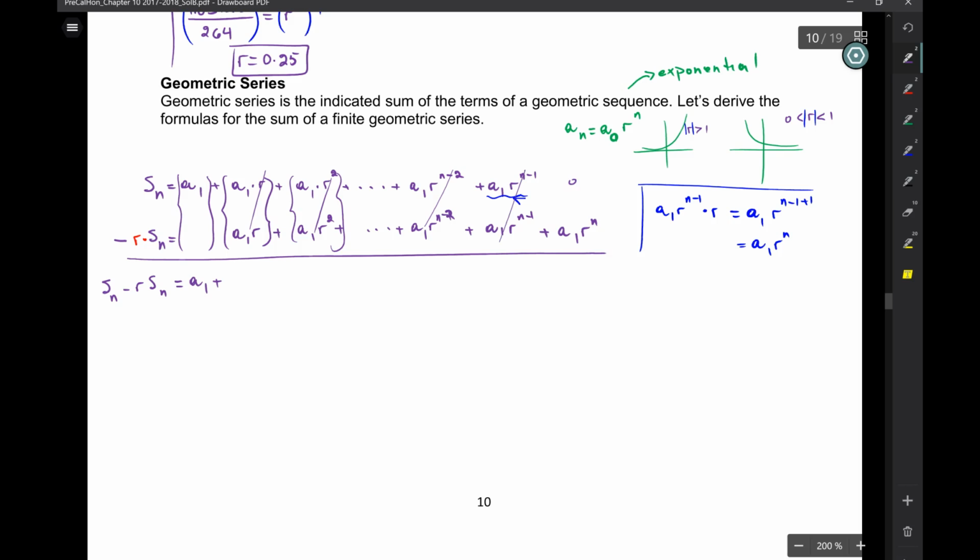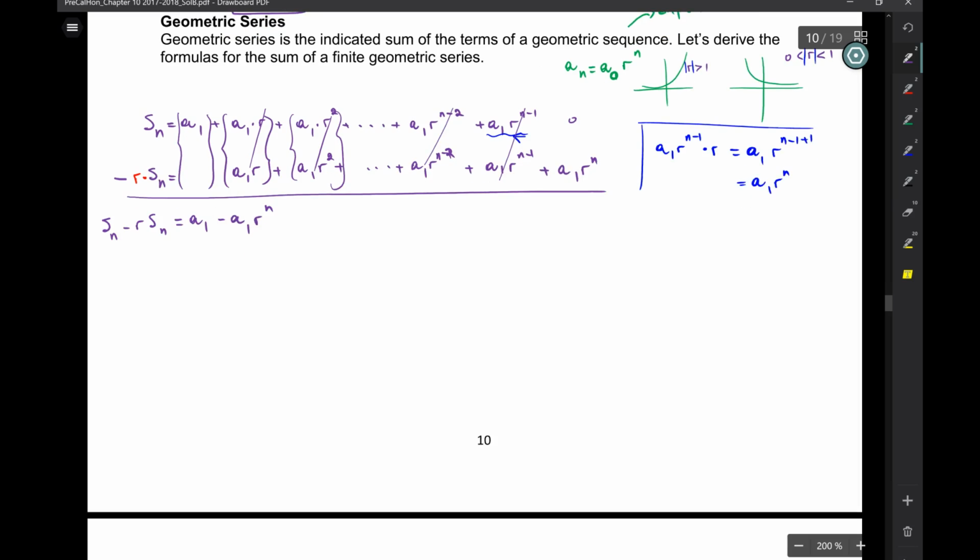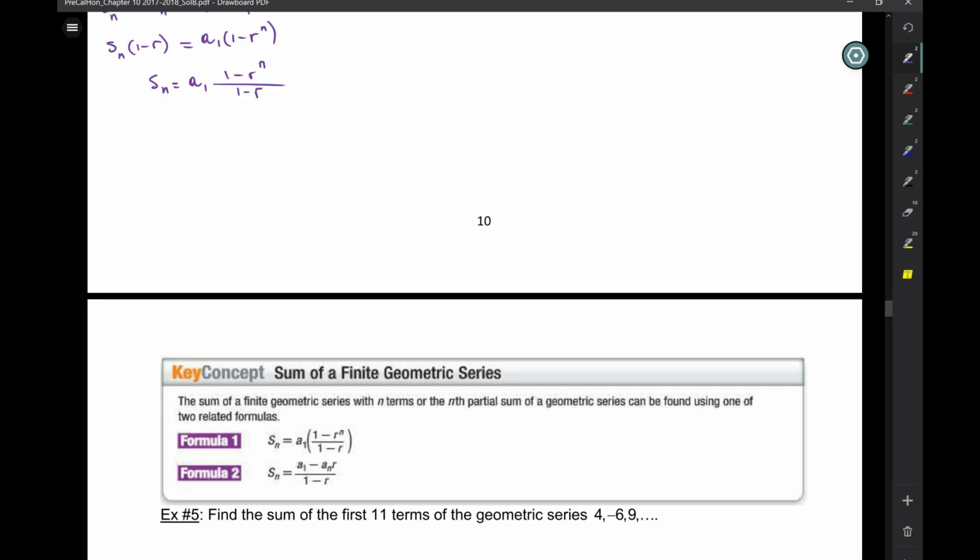Here, 0 minus this is minus a_1 r to the n. Let's factor out an S_n, which gives 1 minus r, and factor out an a_1, giving 1 minus r to the n. So S_n equals a_1 times (1 minus r to the n) over 1 minus r. And I think the formula might be waiting for us on the next page. Of course it is.